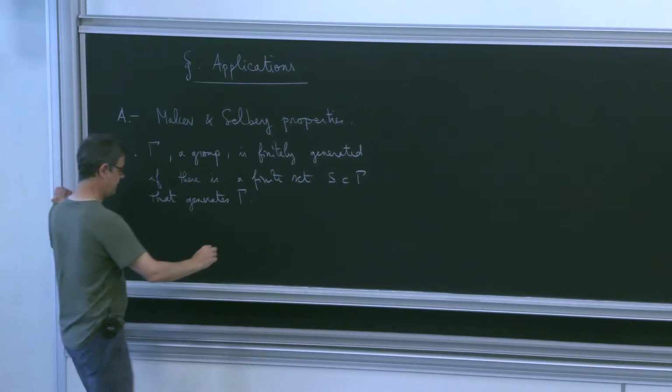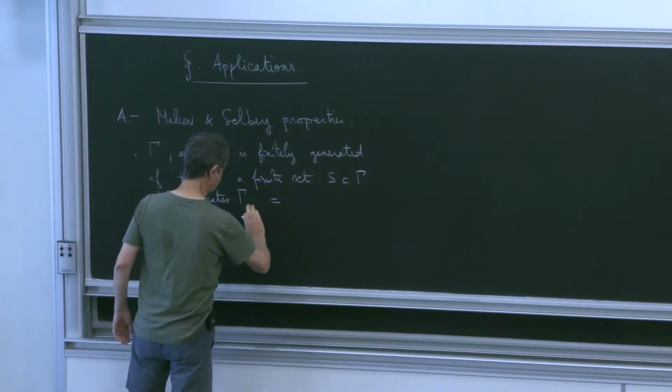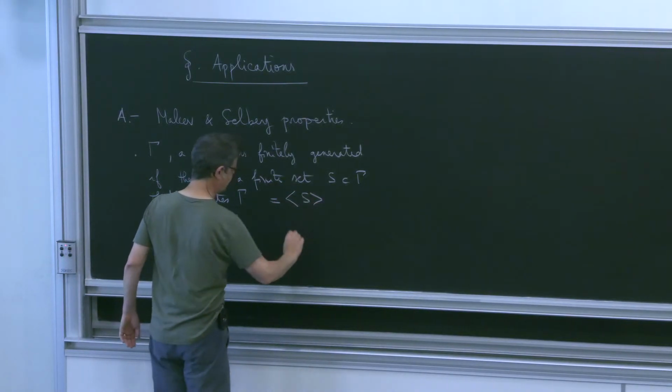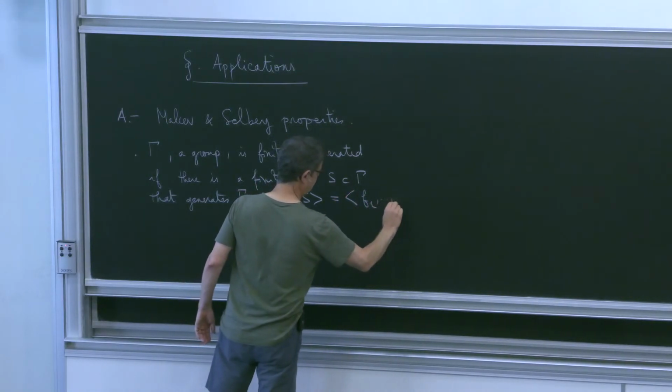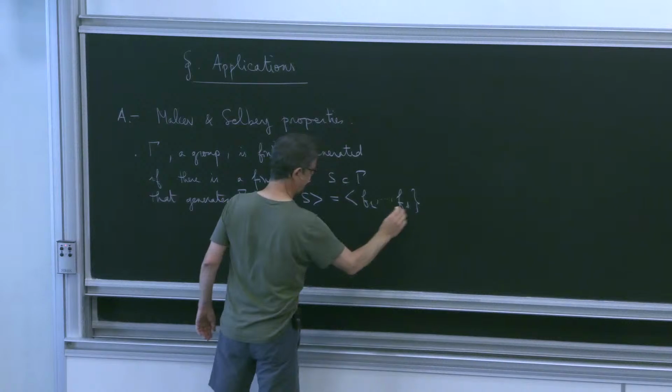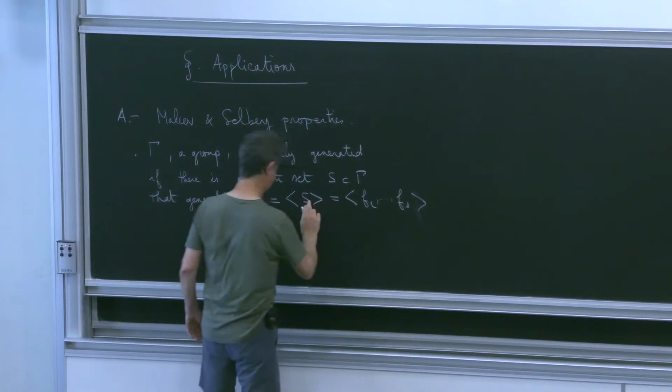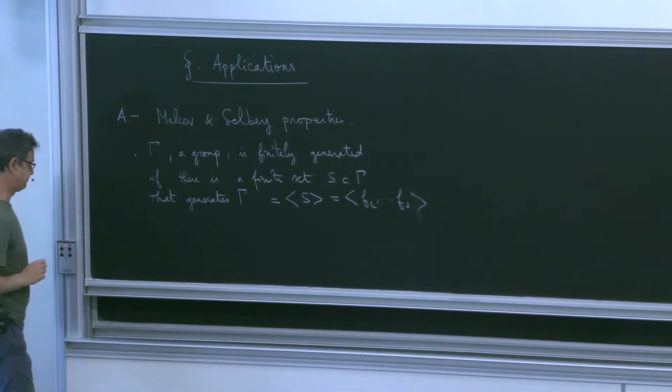Usually I write that gamma is generated by S. This is like f1 up to fs, where the fi are the generators, the elements of S.